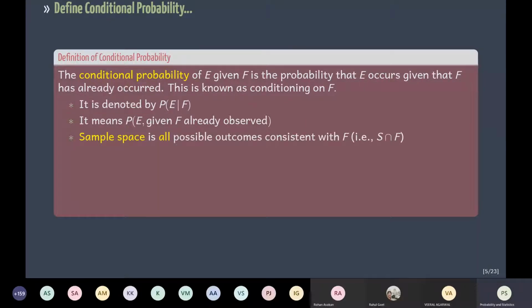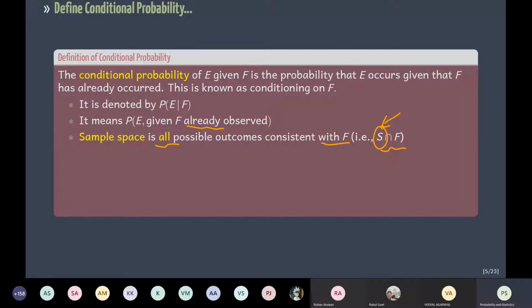The sample space is all possible outcomes consistent with F. Since F is already observed, your focus is now on the outcomes consistent with F, because you are not worried about other things from the sample space. So you have to focus on S intersection F, because F is already observed. Anything apart from F, that is in the F complement, doesn't make sense.